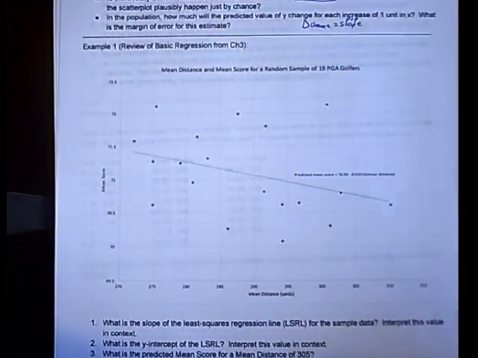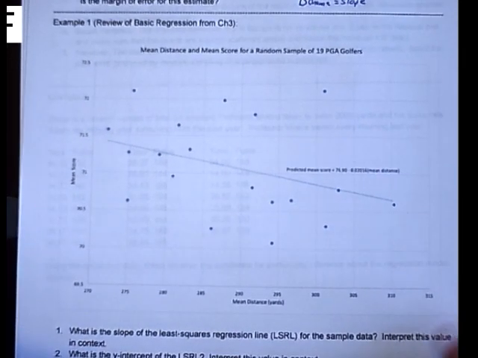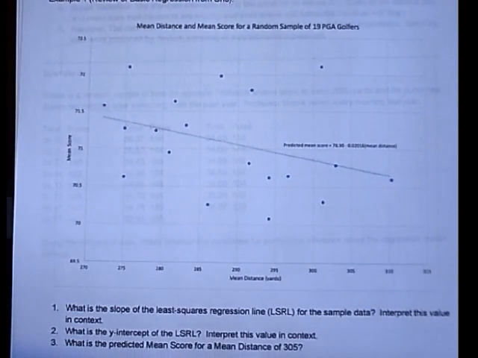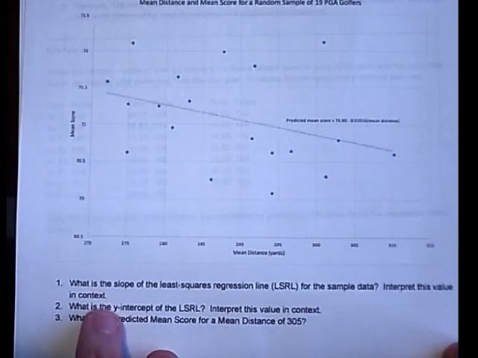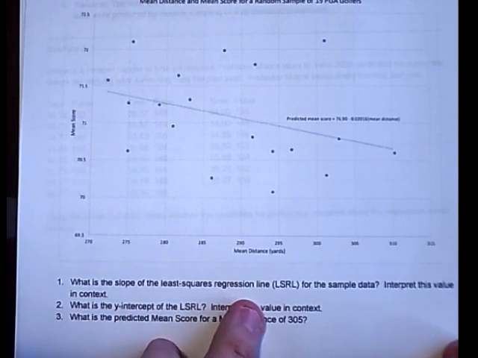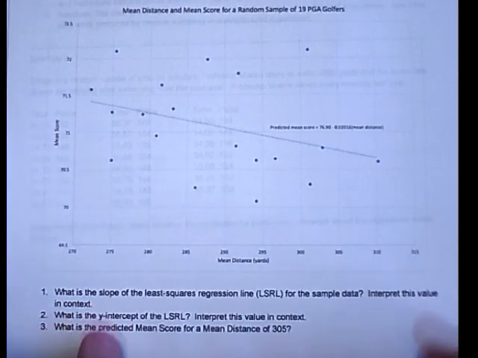So let's look at this first example. This is just supposed to be a review problem. It says review of basic regression from chapter 3. Number 1 here says, what is the slope of the least squares regression line for the sample data, and interpret this value in context.